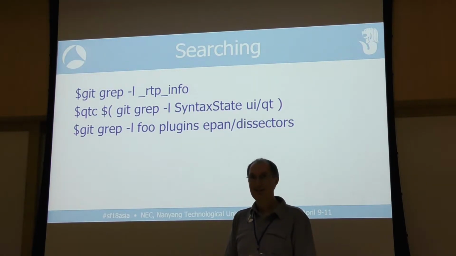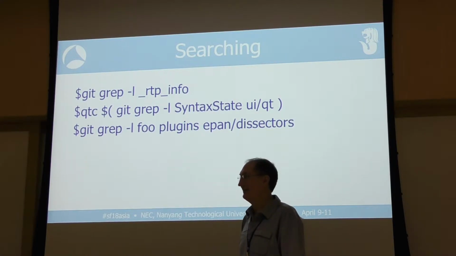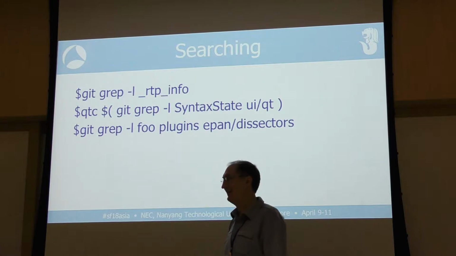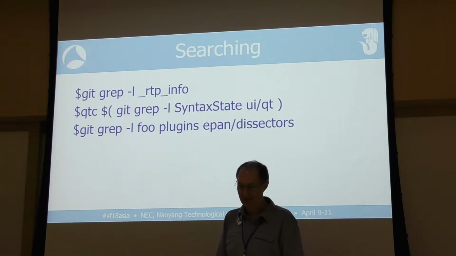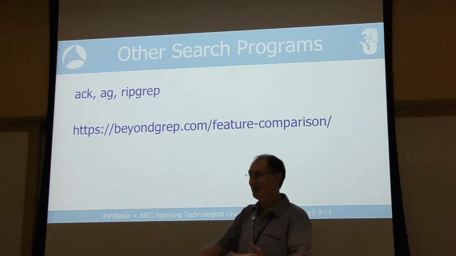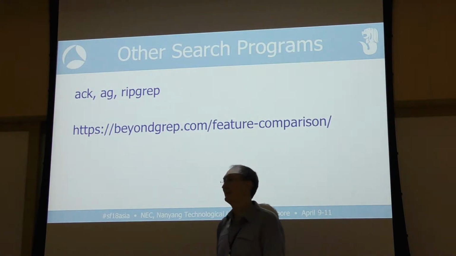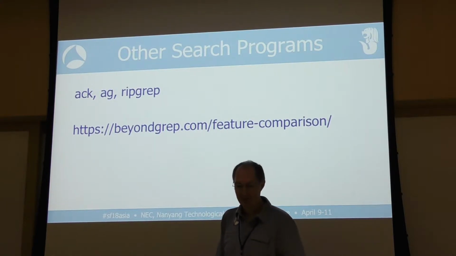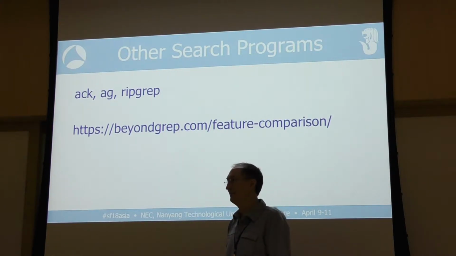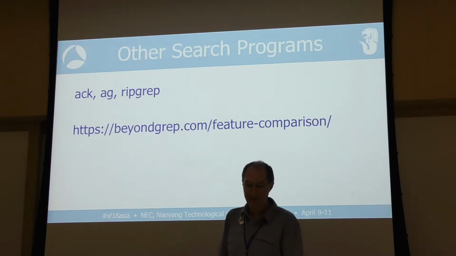When I did this talk in Esteril, I talked about how I love git grep and use it all the time, and Dario, I think, came back and said he uses ack or ag, a different search program, and he really likes it. So along with git grep and GNU grep, there are all these other search programs that you can use to find stuff on your file system.